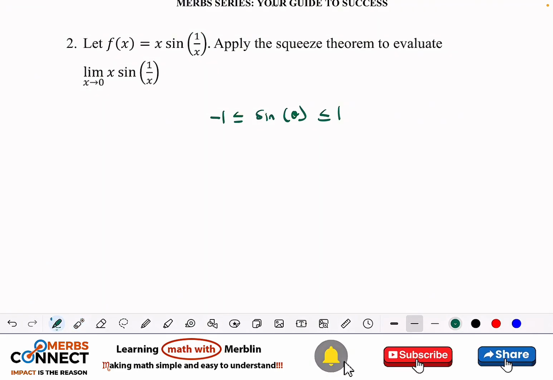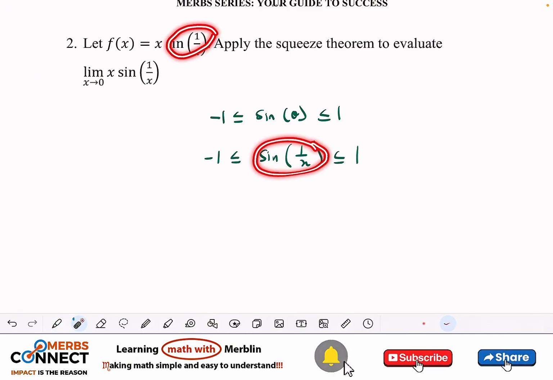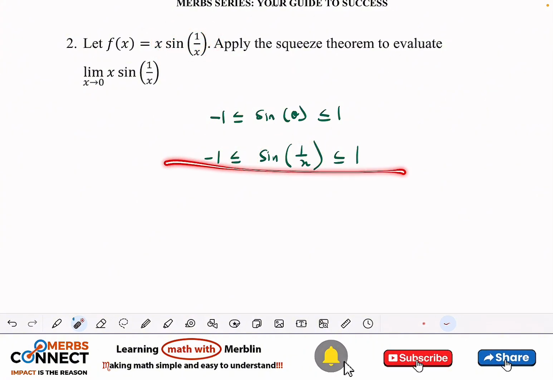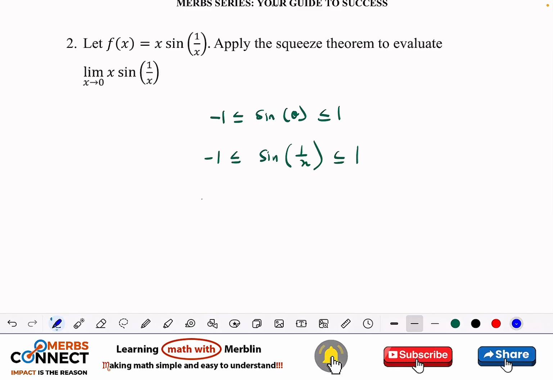So I'm going to have -1 ≤ sin(1/x) ≤ 1. Then, when I'm finished forming this, I need to solve it in such a way that I have the same thing here. So I'll multiply through by x, and I'm going to have -x ≤ x sin(1/x) ≤ x.